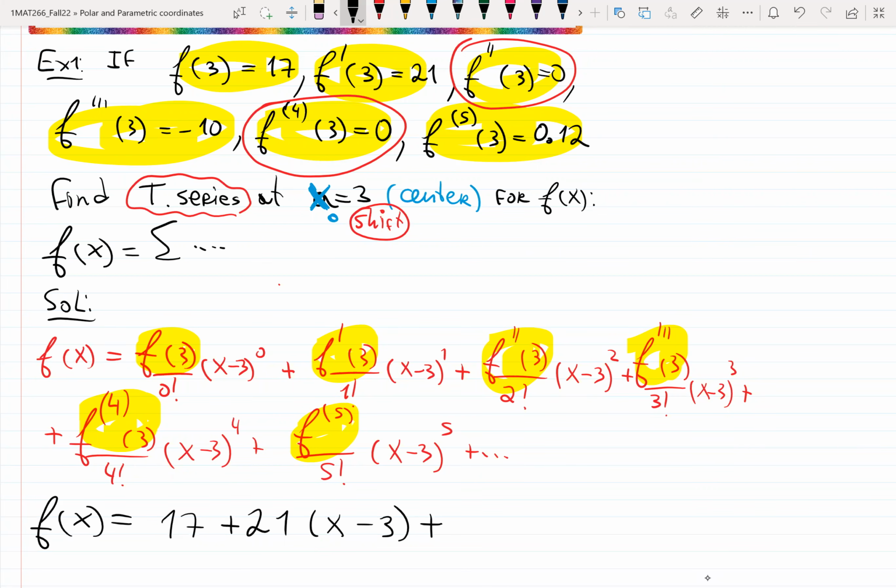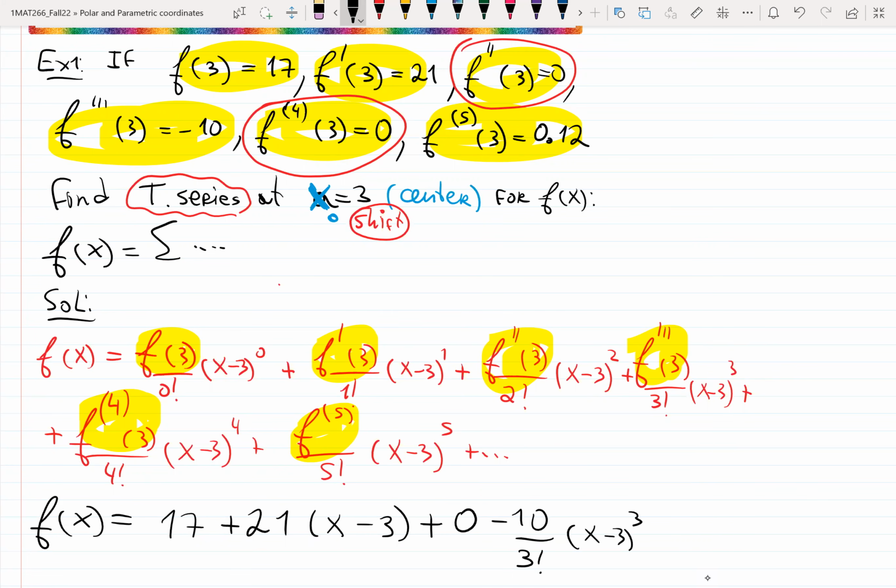You have f of 3 is 0. So 0 plus, and not f of 3, f double prime at 3 is 0. F triple prime is minus 10. So let's not put it twice. Minus 10 divided by now 3 factorial times x minus 3 cubed. And you see, I don't put 6.